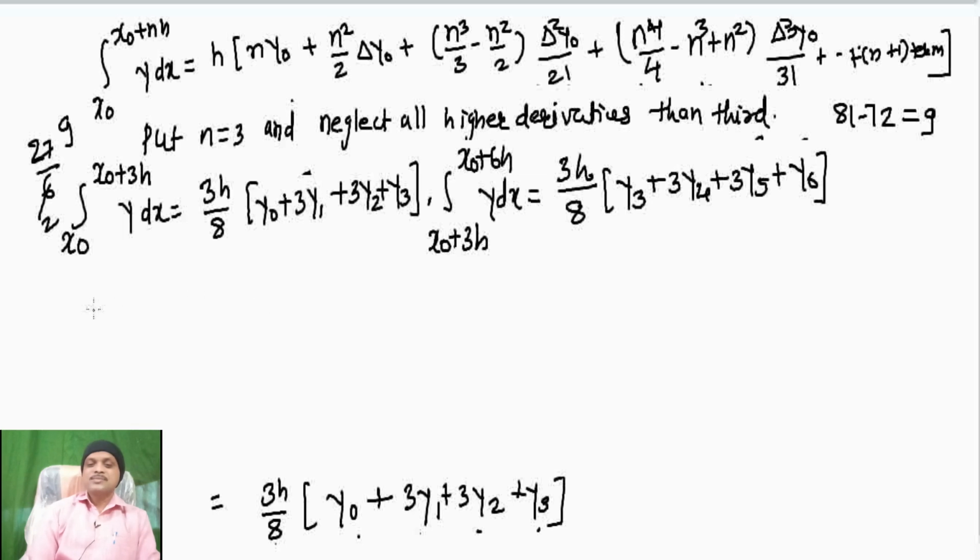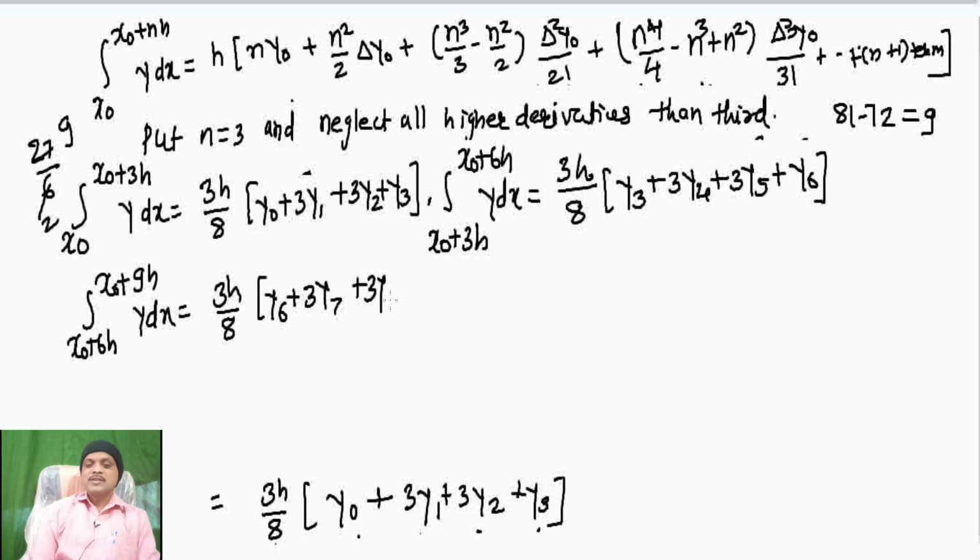Once again, integration from x0 plus 6h to x0 plus 9h of y dx equals 3h divided by 8 into y6 plus 3y7 plus 3y8 plus y9.